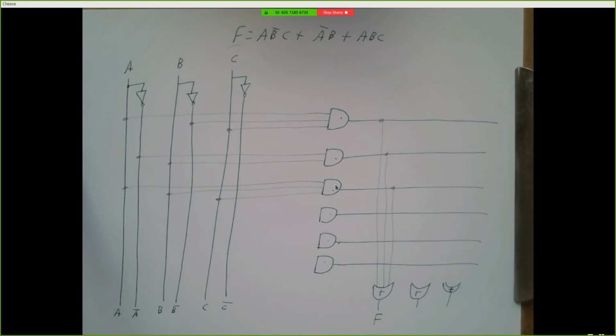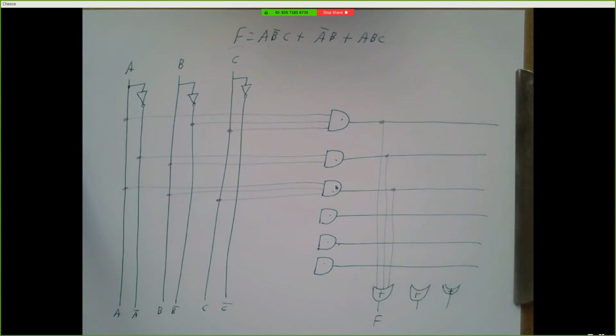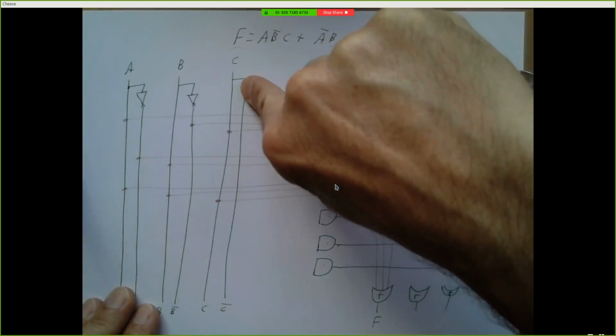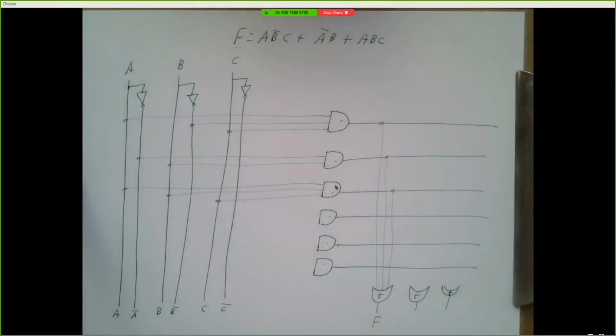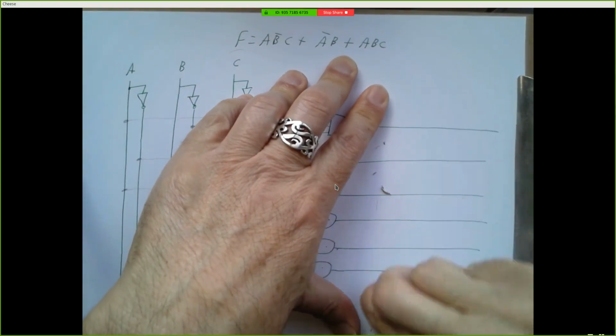And all I had to draw was a few wires and a few dots. Okay, you still with me? So this stuff is always going to be there. I didn't have to change that. So let's make this even more general.